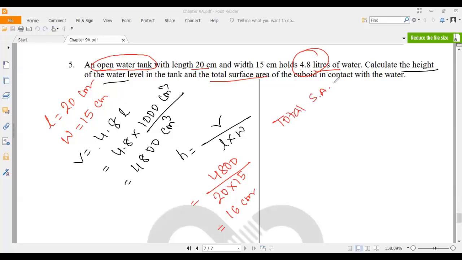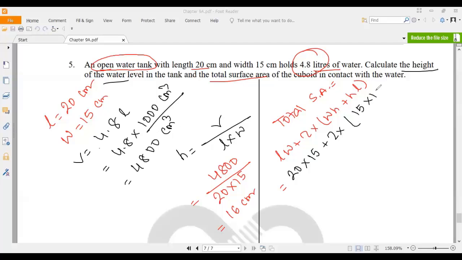We know that in an open water tank, there is no lid. So LW plus 2 multiplied by (W into H plus H into L). So here, what is the length? Length is 20 multiplied by width is 15 plus 2 multiplied by width is 15.